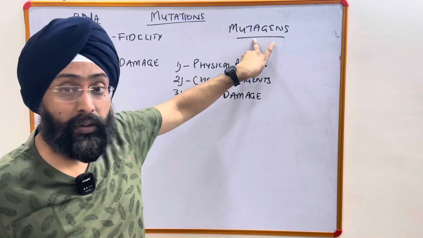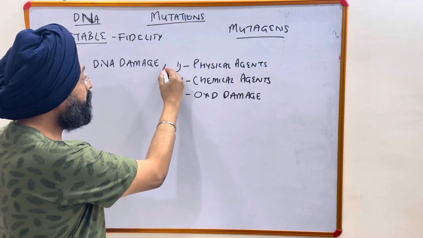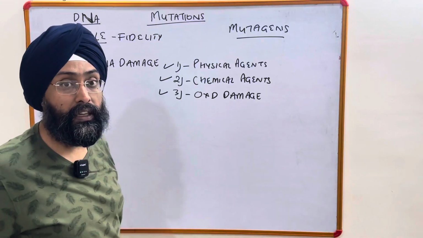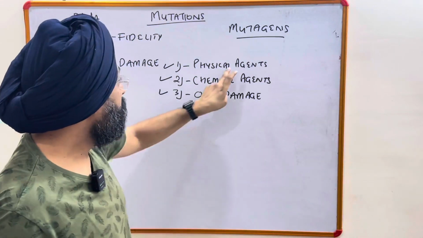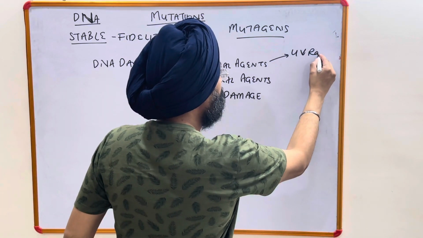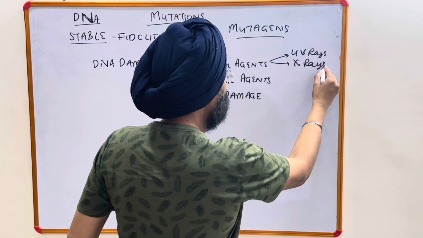These mutagens that cause mutations can be categorized into three categories. First, they can be physical agents, they can be chemical agents, or it can also be oxidative damage, right? So physical agents that cause mutations can be UV rays and X-rays, right?